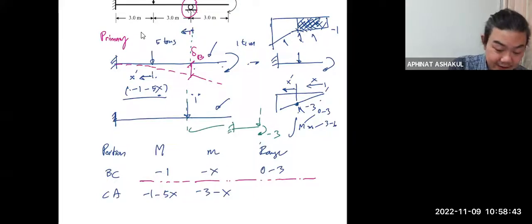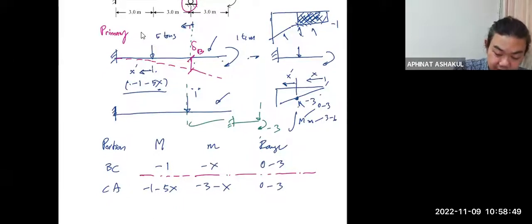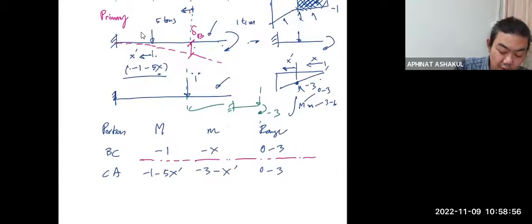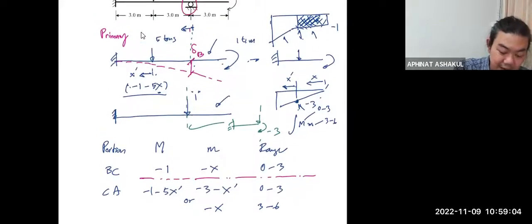Okay, and this is in the range 0 to 3. But you can also keep this equation by using, I should say, x prime, or I can maintain my equation here, and my range is going to be from 3 to 6. But then again, I must change my equation here as well, right?